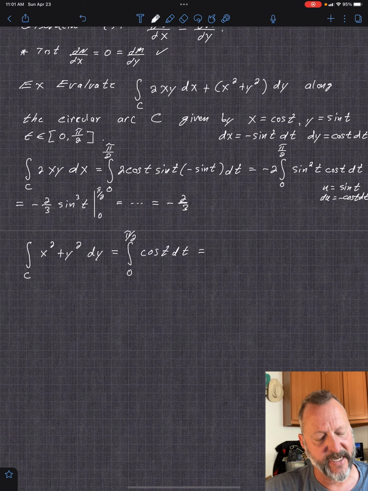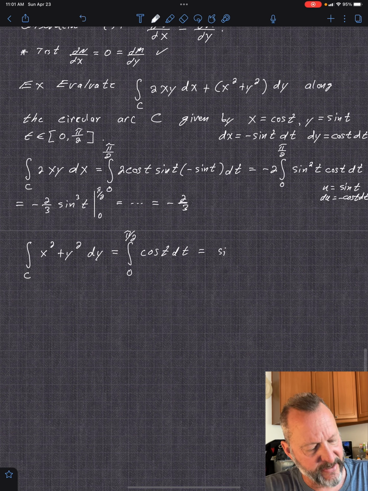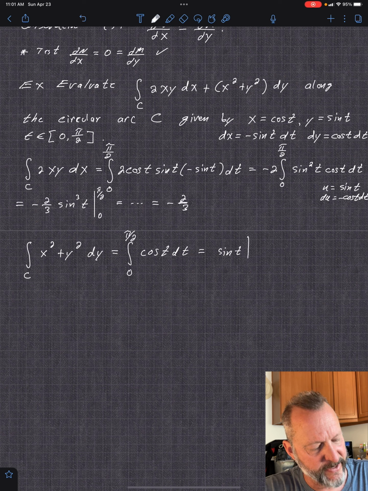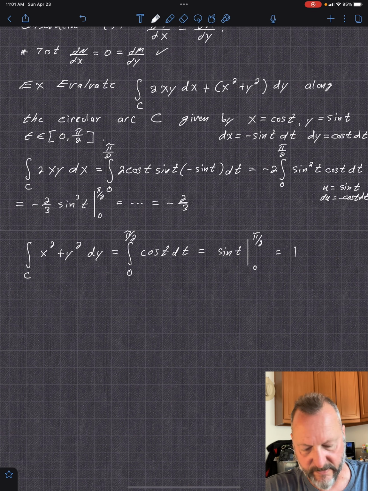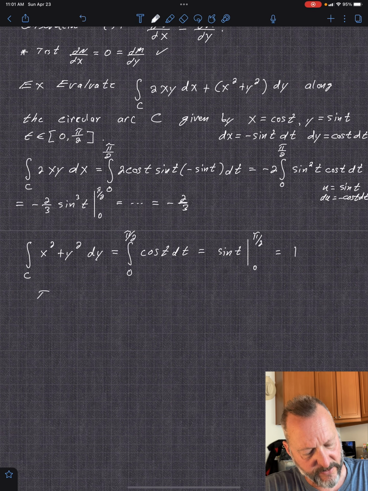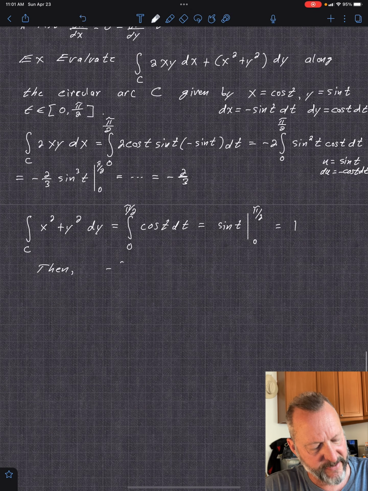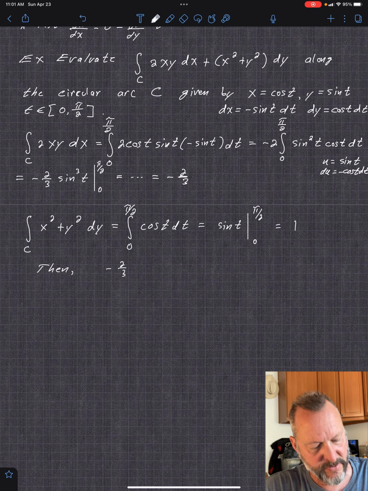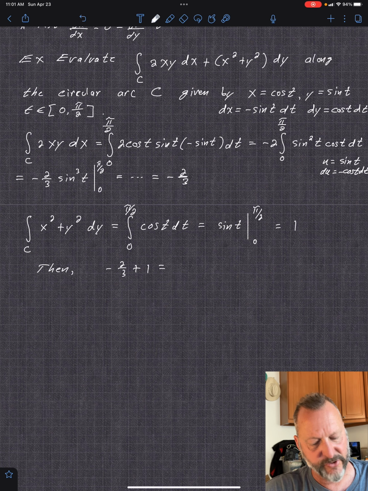And now you're just integrating that. So the antiderivative of cosine is sine, and you get just sine of t evaluated from 0 to pi halves. And then sine of pi halves is 1 minus 0, so it's just 1. So then you just add those up. It's negative 2/3 plus 1, which is 3/3, so it's just 1/3.